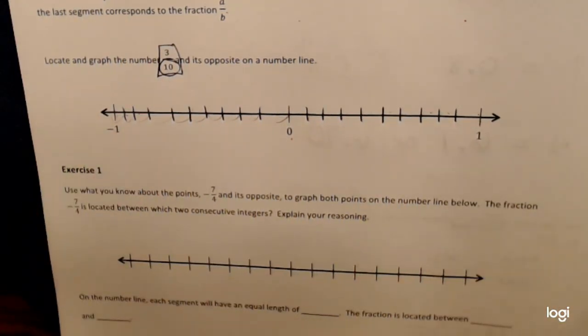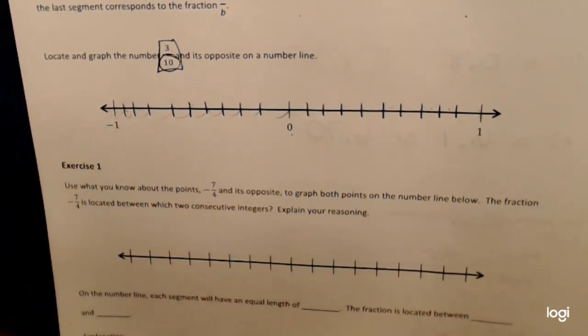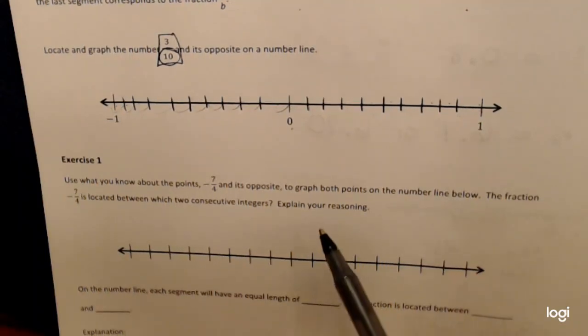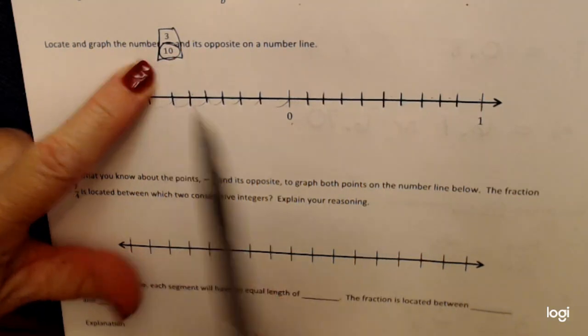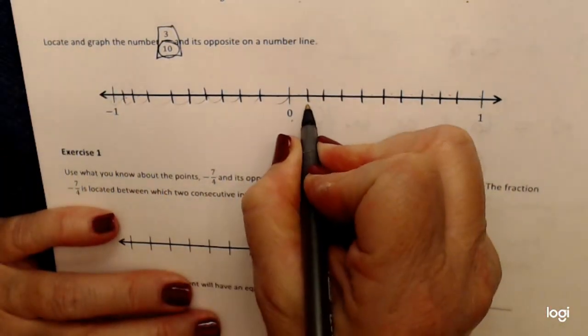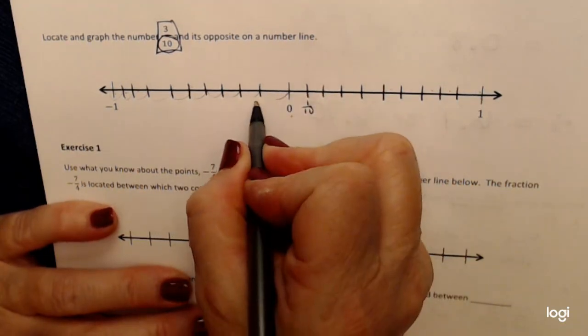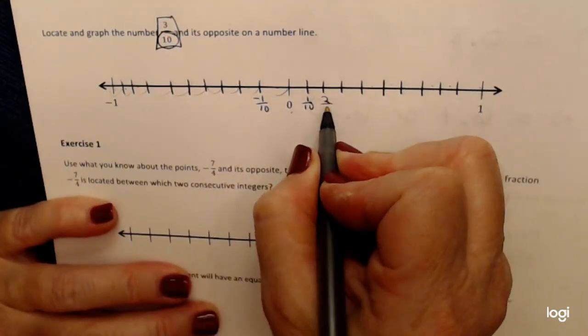Now, if you notice, I was not perfect. I have a big gap here. I try to make it as even as possible, but with human error, we're not always going to be perfect. Okay, so we're counting by tenths. So, for example, this would be 1/10. Well, the opposite of 1/10 would be -1/10. Then we have 2/10.